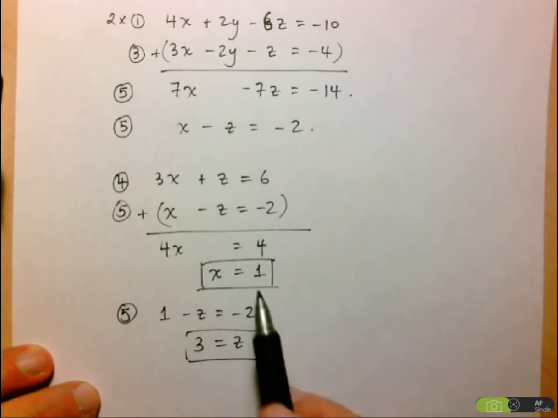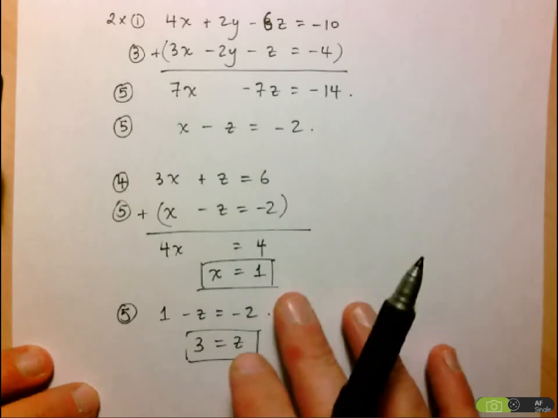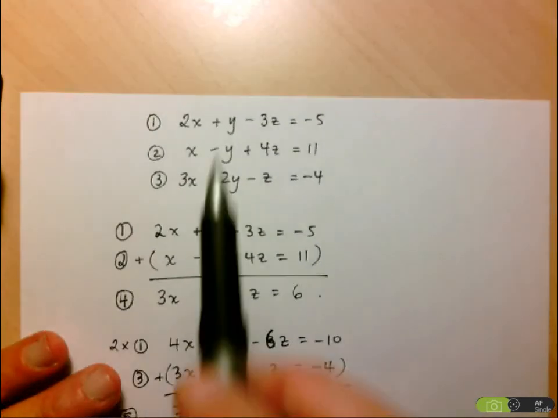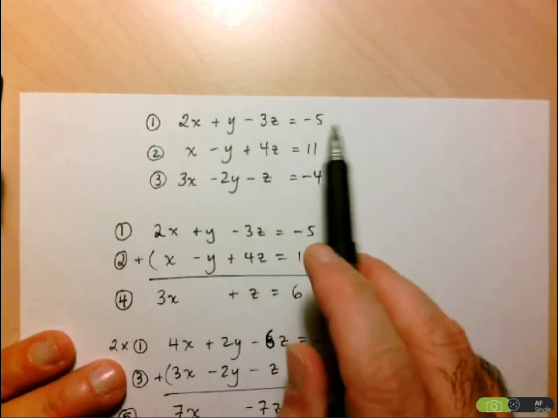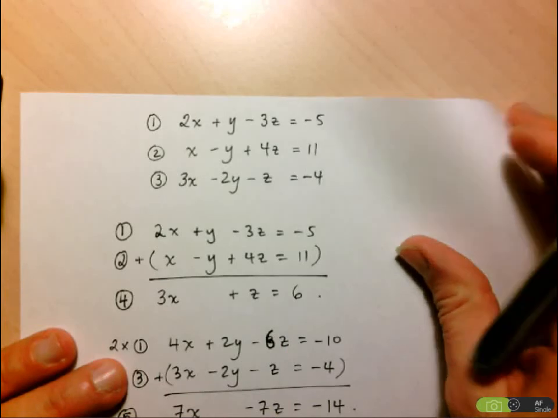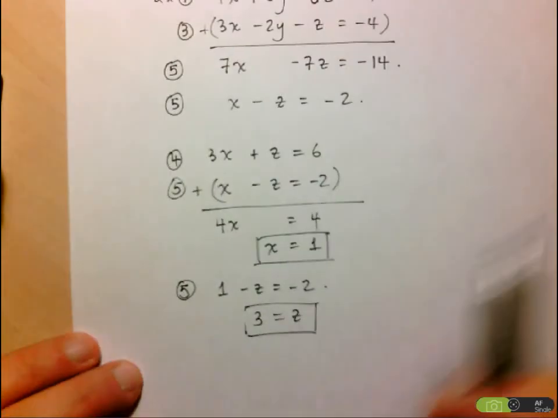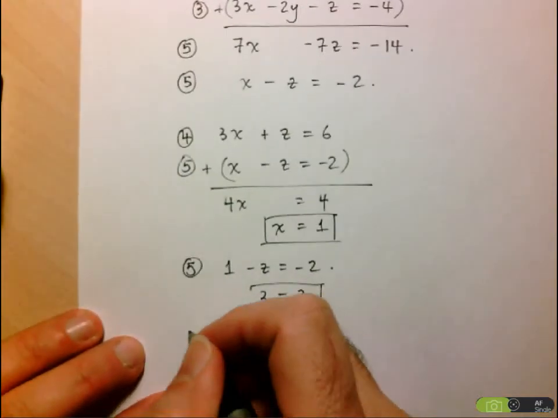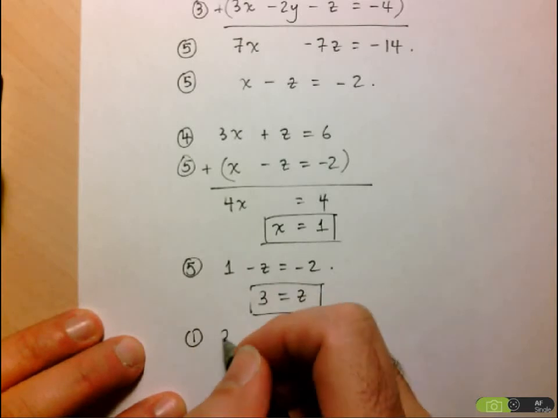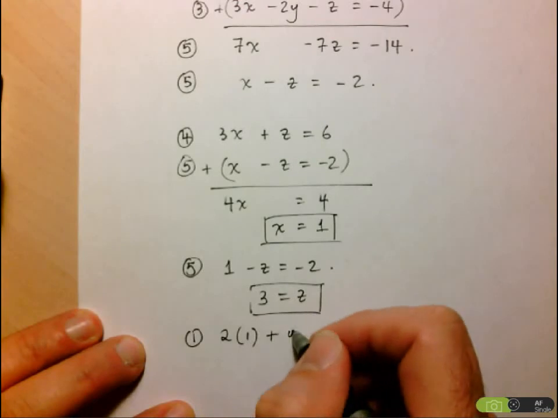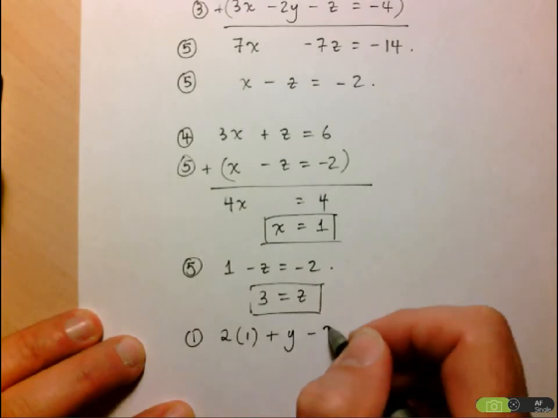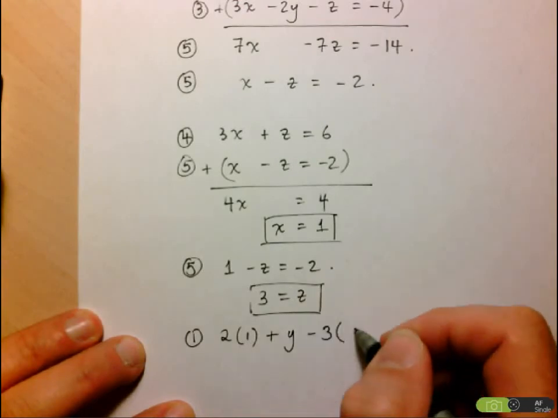And now that I have both x and z, I can now go back up to one of these equations here and solve for y. So I'll take equation 1. That seems to be the simplest one. So if I take equation 1 here, I have 2 times x, which I now know is equal to 1, plus y, which is still unknown, minus 3z, and z now is equal to 3.